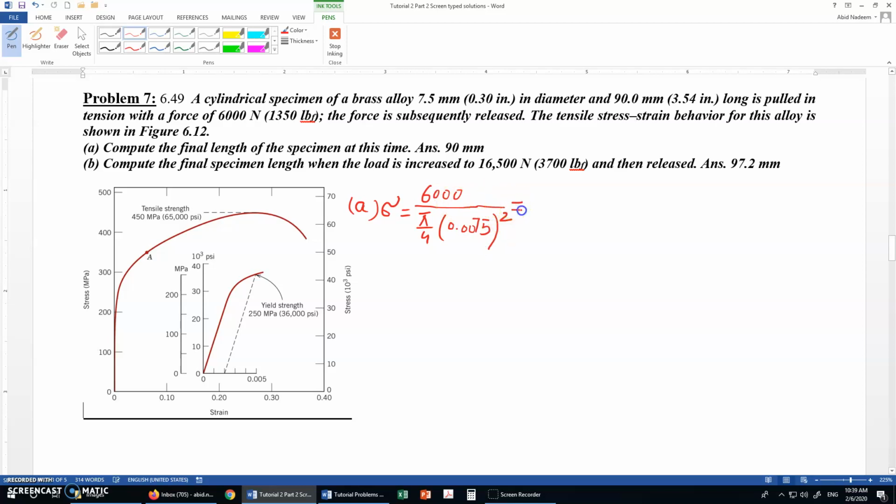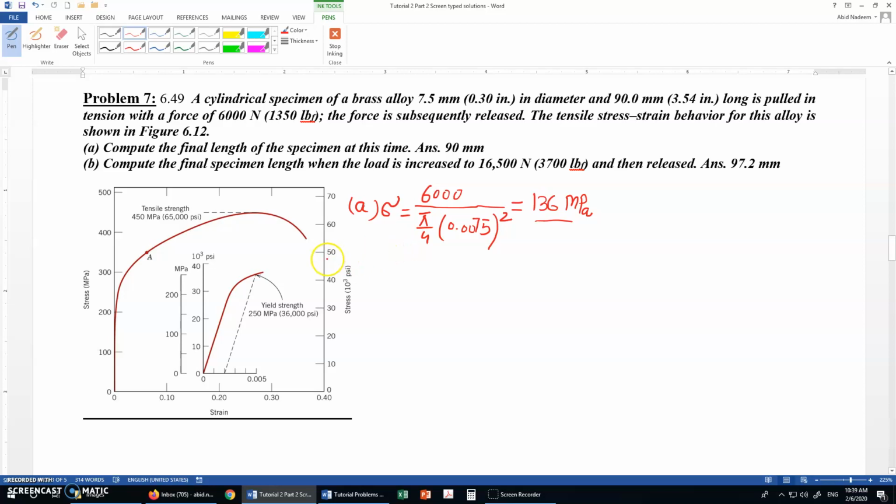If you calculate it, this will be 136 megapascal. If you see this 136 megapascal stress, you can see that it is in the elastic range. This is the scale of stress in megapascal, and this is in the elastic range.